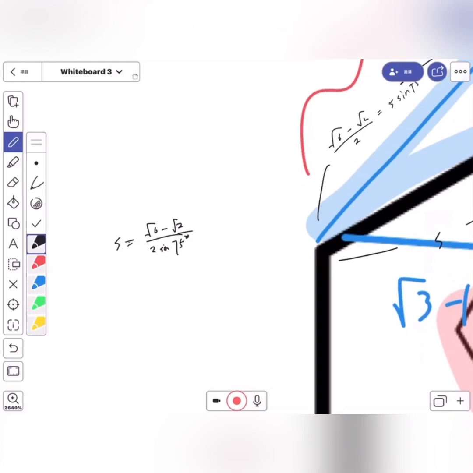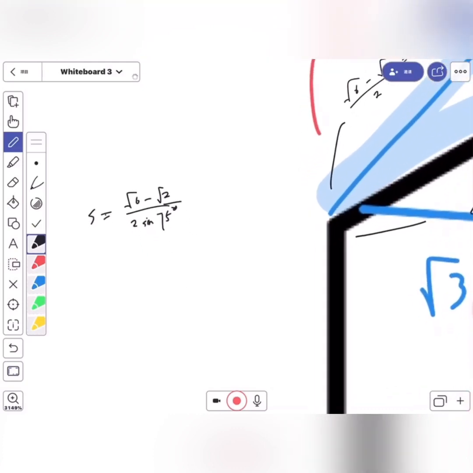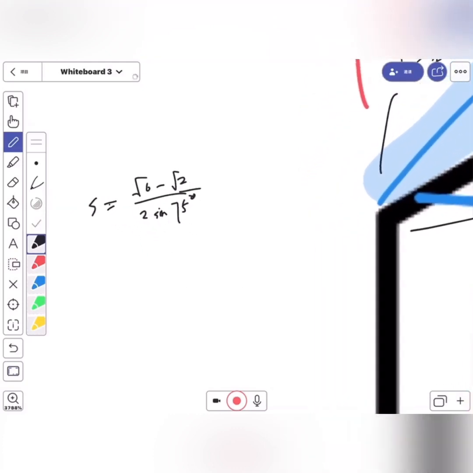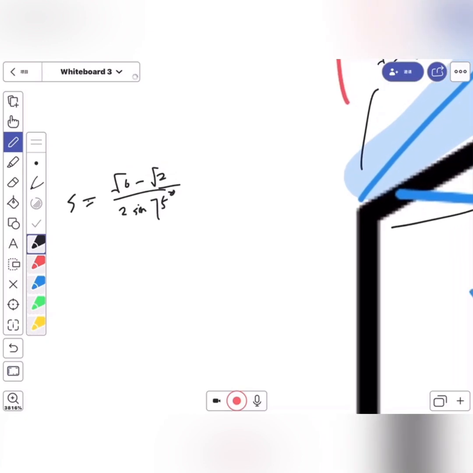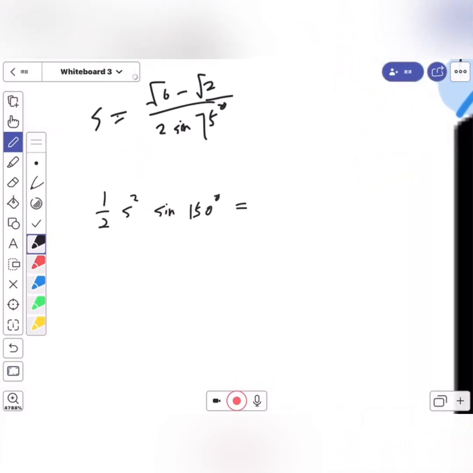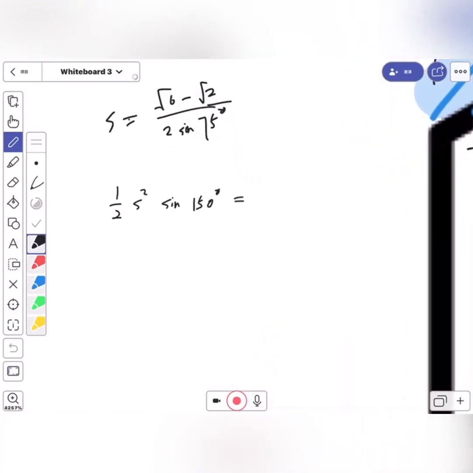Alright, this is actually just the quantity that we have. Now let's not evaluate this right away. What we want is 1/2 times S squared sine of 150 degrees, because that's the area that we want to find. We don't want to find the individual side, we want to find the area.